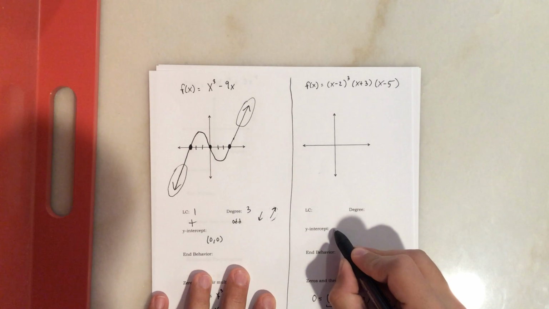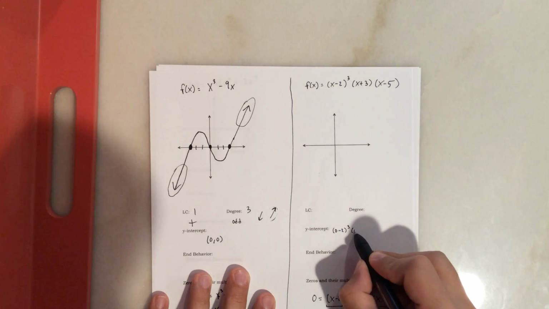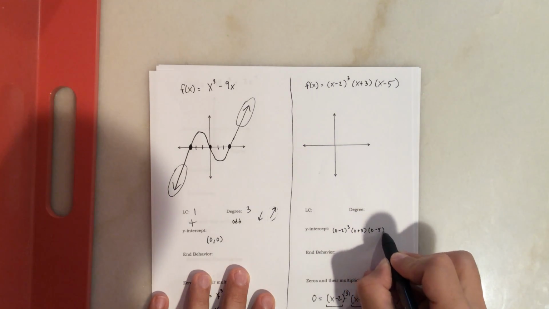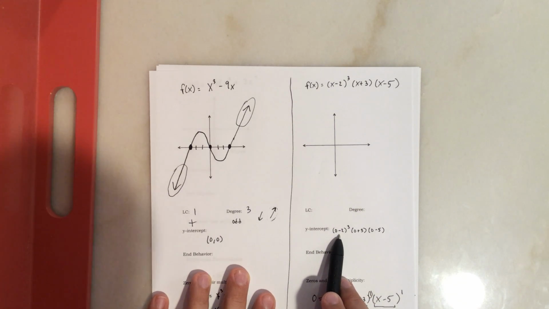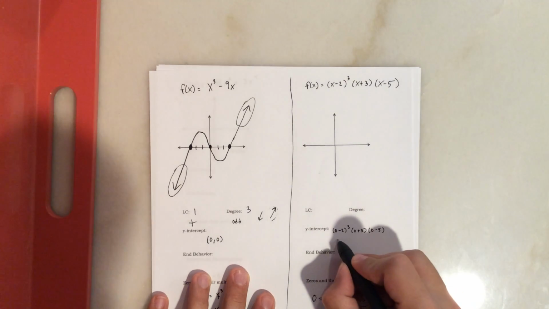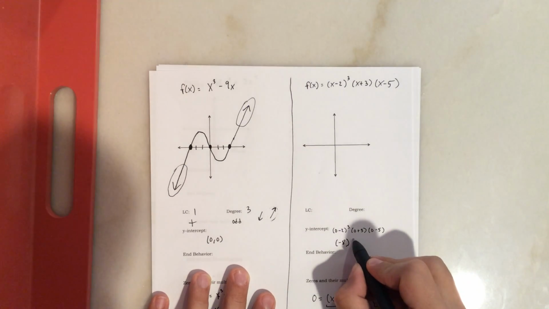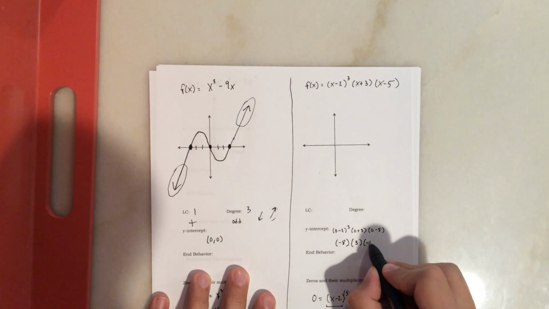That's going to be, so I'll just write it out, 0 minus 2 cubed times 0 plus 3 times 0 minus 5. 0 minus 2 is negative 2, and negative 2 cubed is negative 8. 0 plus 3 is, of course, 3. And 0 minus 5 is, of course, negative 5.